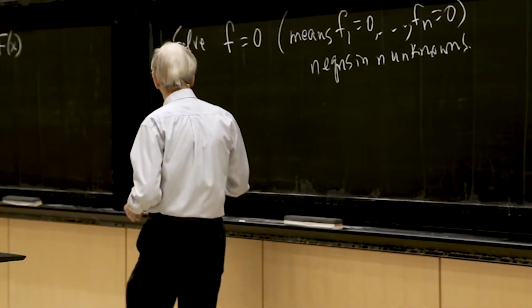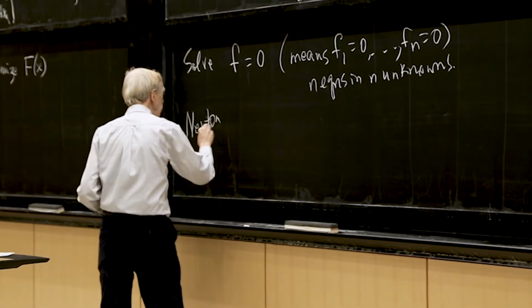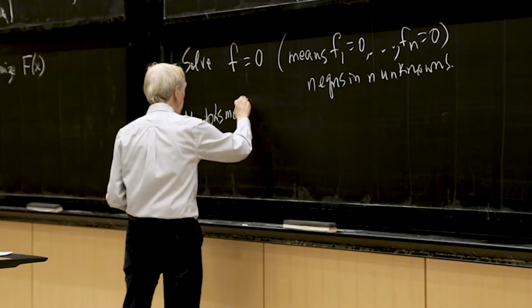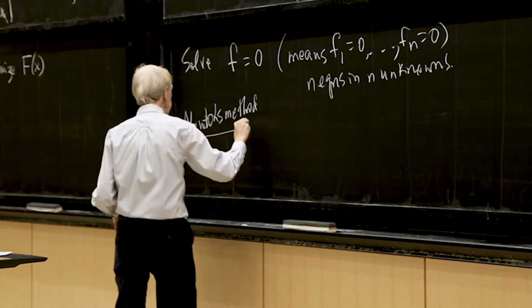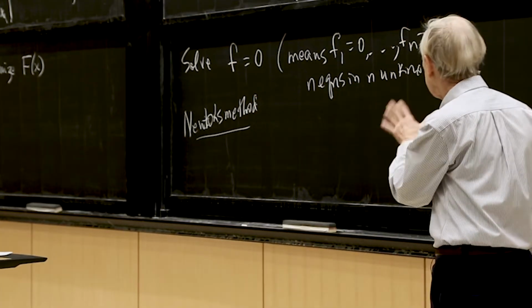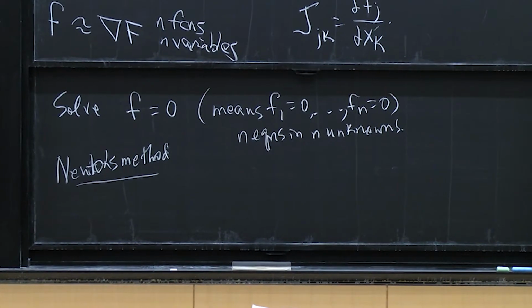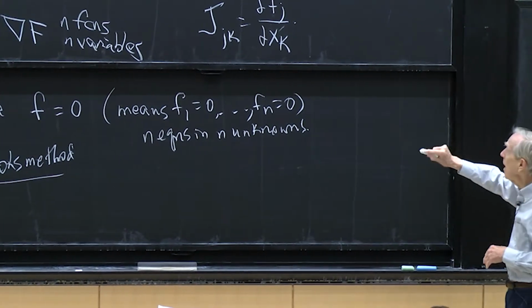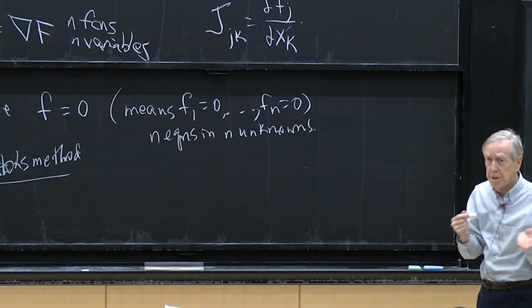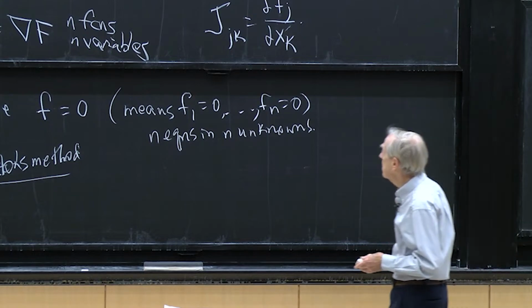Newton's method, which is often not presented in 1802. That's a crime, because that's the big application of the gradients and Jacobians. So I'm trying to solve n equations in n unknowns, and so I want f at x plus delta x to be 0. So I want f of x plus delta x to be 0.